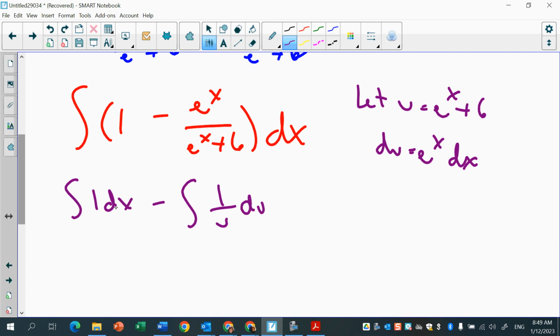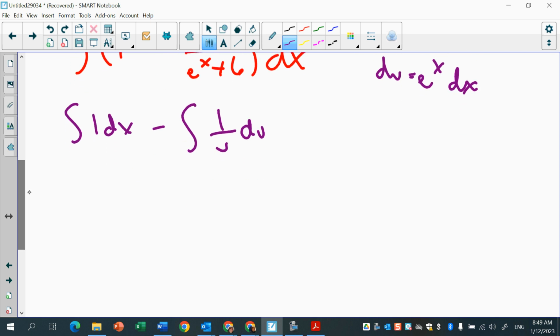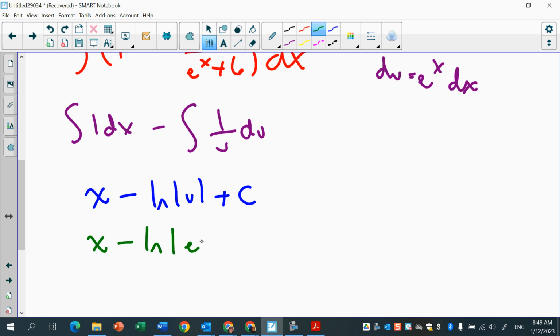I'm putting this in dx because that way I don't have to worry about changing it back. That way they're 2 separate integrations. This is just going to give you x minus the natural log of the absolute value of u plus c. And then I'm going to have x minus the natural log of the absolute value of e to the x plus 6 plus c.